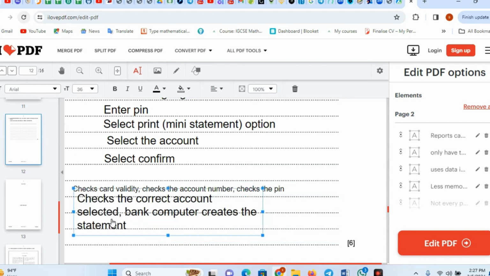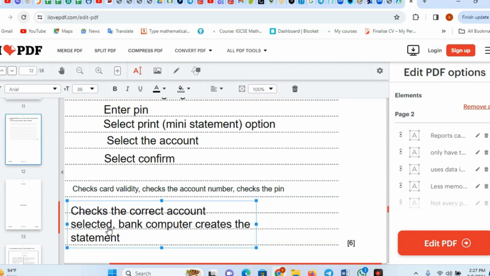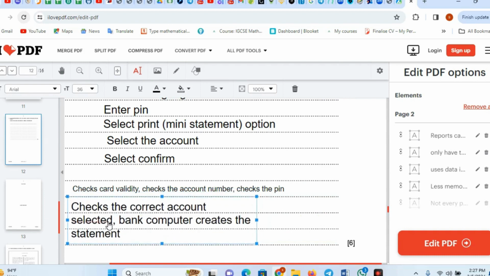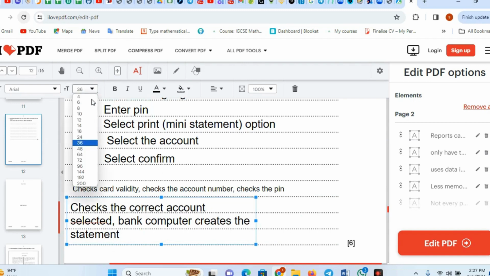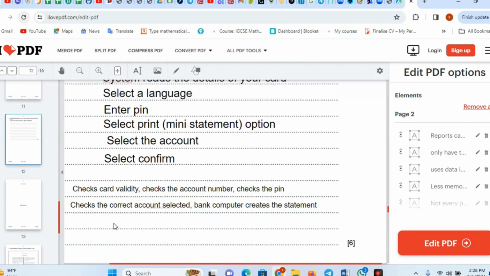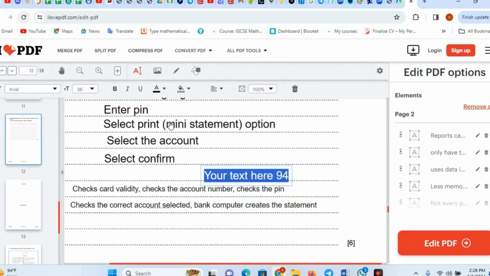That is, when the bank computer creates the statement, it is transferred to the ATM. Then details are sent to the printer, and then you'll be able to print. Those are the processes. Okay, do we all understand?